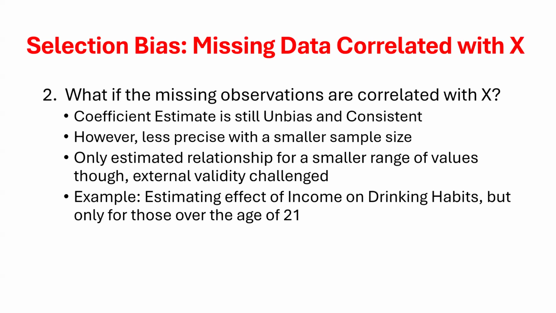So let's say instead I had missing values. And I'm trying to look at something like age, and what did I have here? I had correlated with X. So let's say, what's a good one?